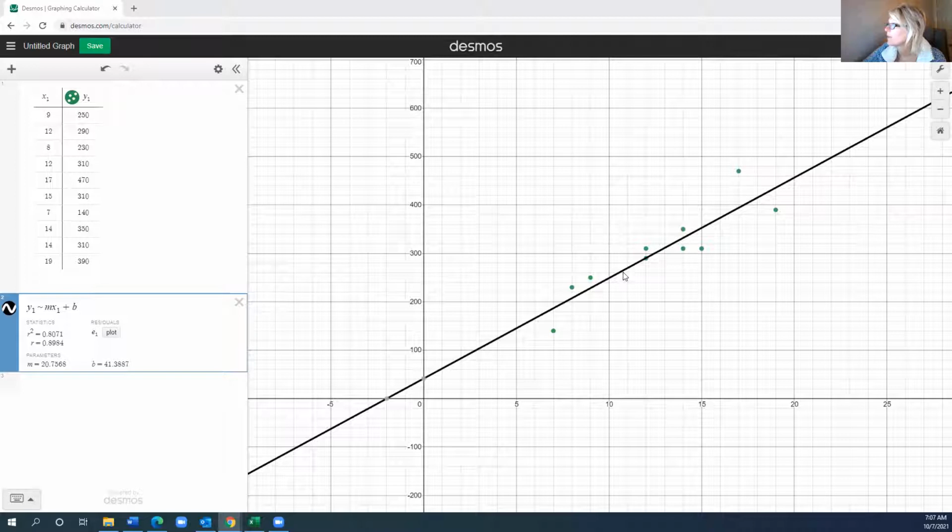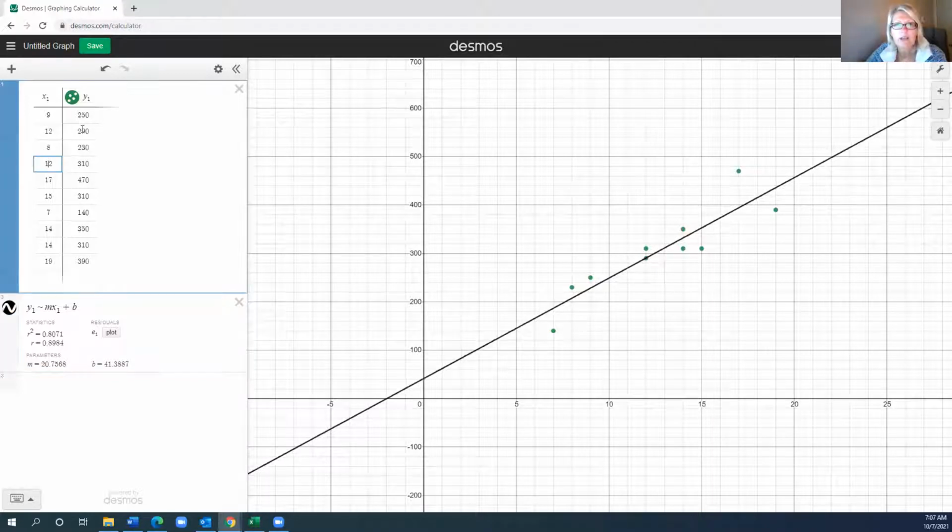So I'm going to click on my line of best fit, and I'm going to go to where X is 25, which is all the way up here. So at 25, you can see that it does predict what we came up with, 560.31. That's because Desmos is using more decimal places than we are, so ours is slightly off the one we did by hand.